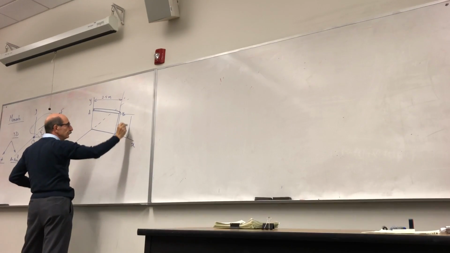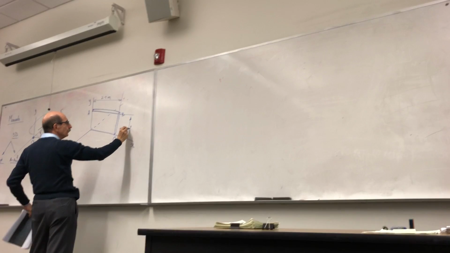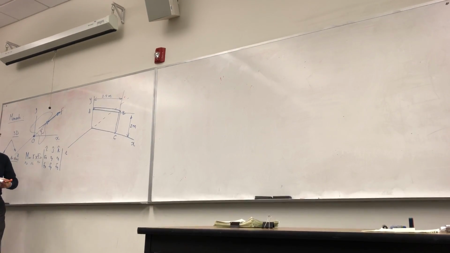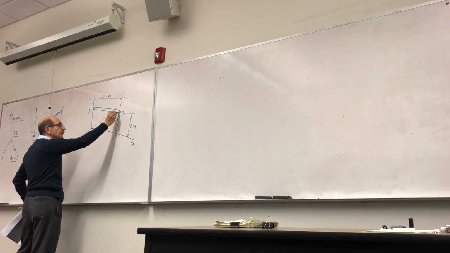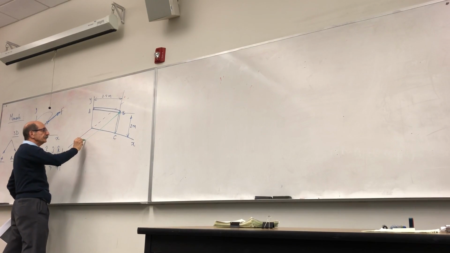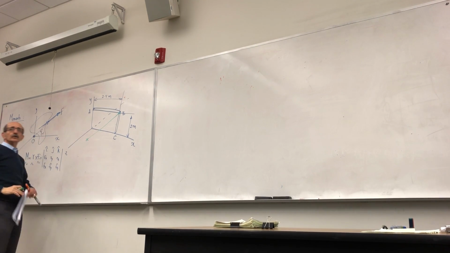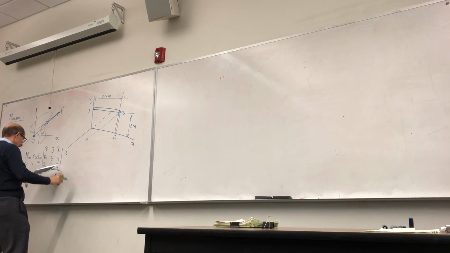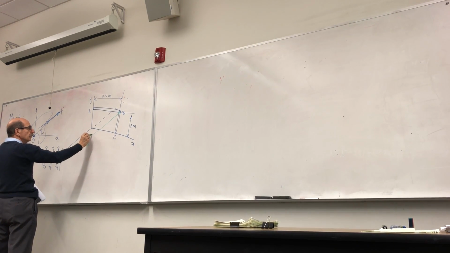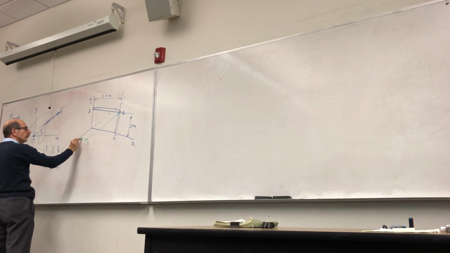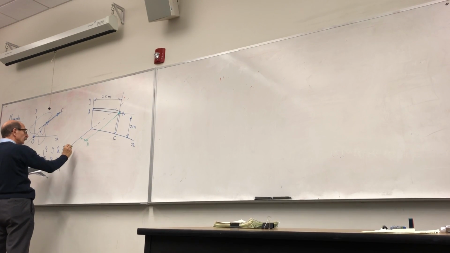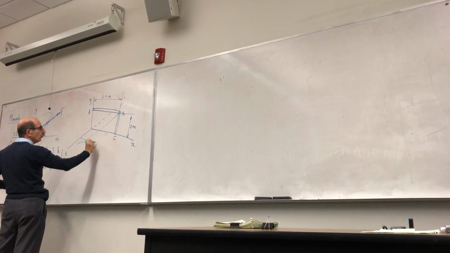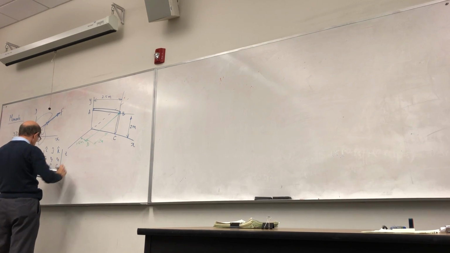This edge is 2 meters. You have attached a cable to point B that is connecting that board through that cable to a point on this plane, and that point is labeled as D. Coordinates of that point are given. This is 1.5 meters, and this coordinate is 2 meters.